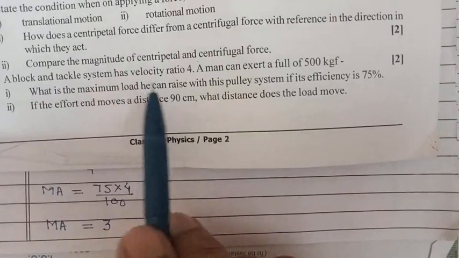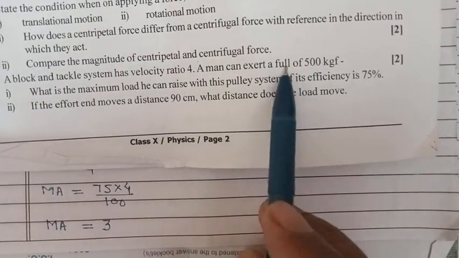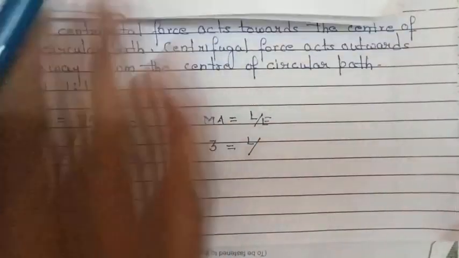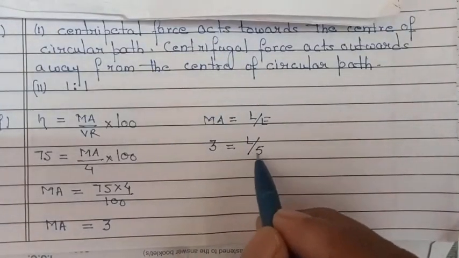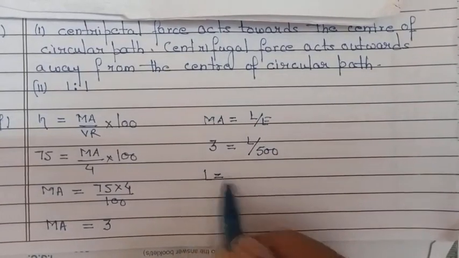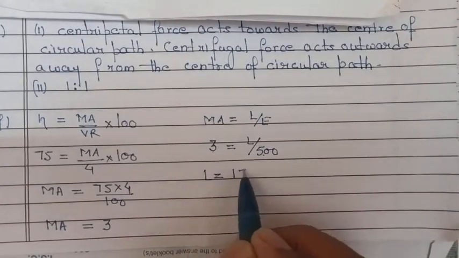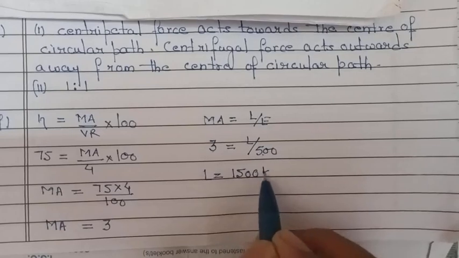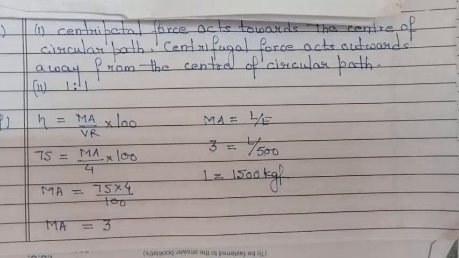They have given us the effort, that is, the man exerts a pull of 500 kgf. So load will be equal to 500 into 3, that is 1500 kgf. So we have calculated load.